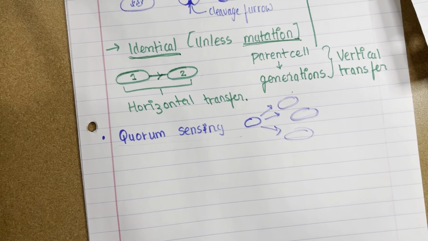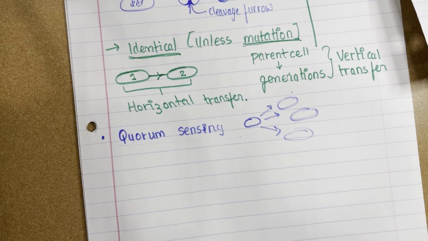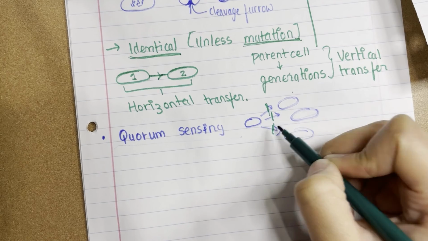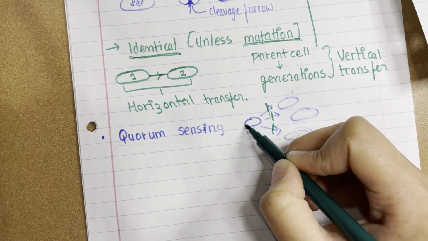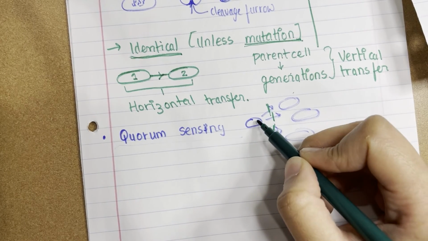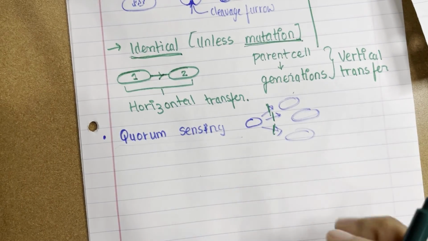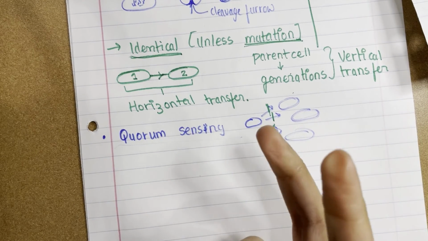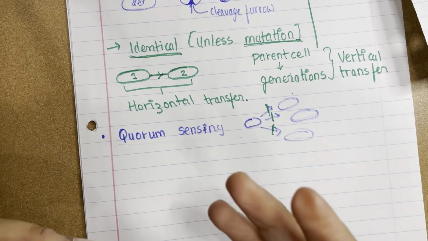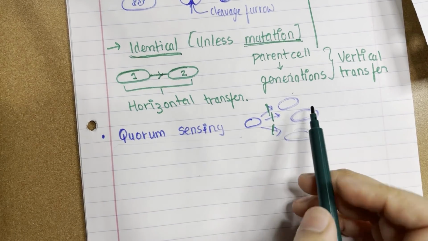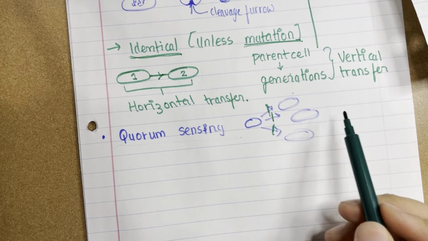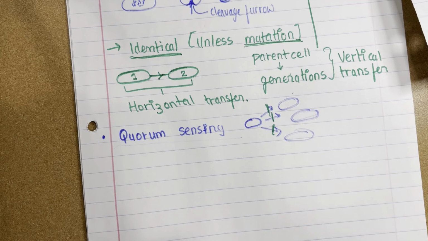And people are researching if we can stop the communication, then we can stop one bacteria from passing the information or the DNA or the resistant DNA, which is the resistant genes or the drug resistant mutations, to other bacteria, so that every bacteria doesn't become drug resistant.